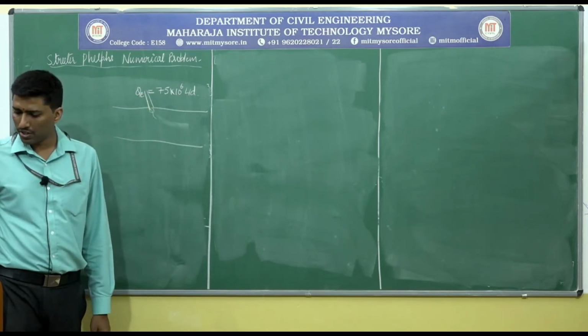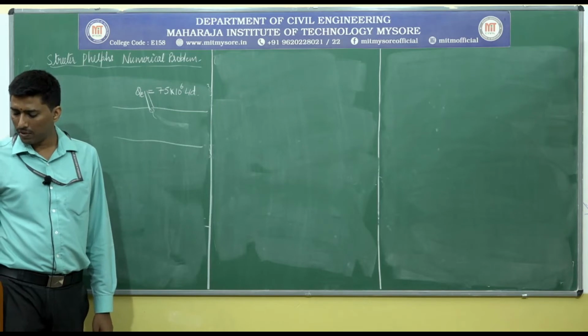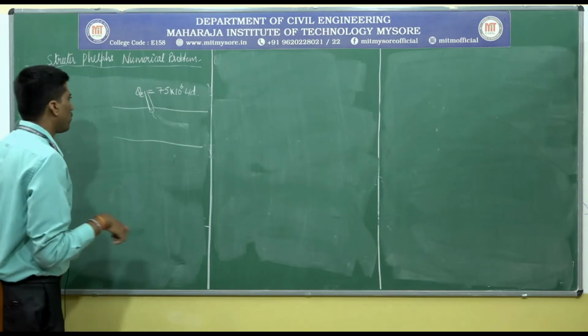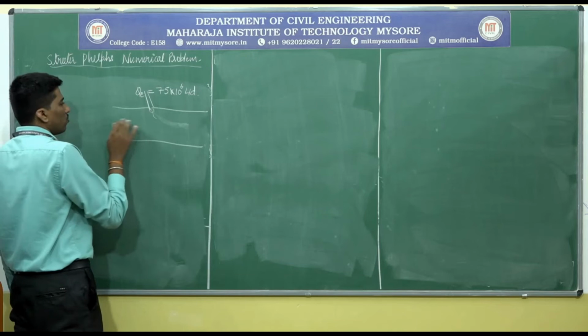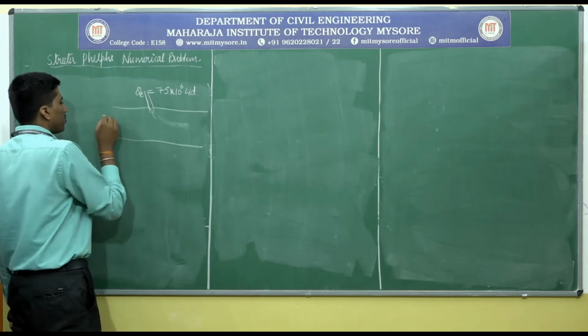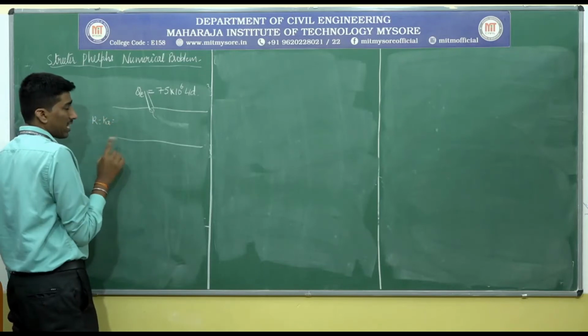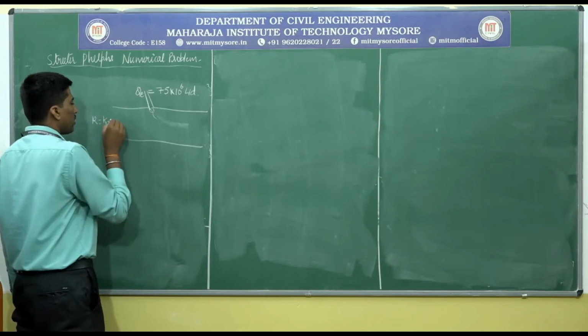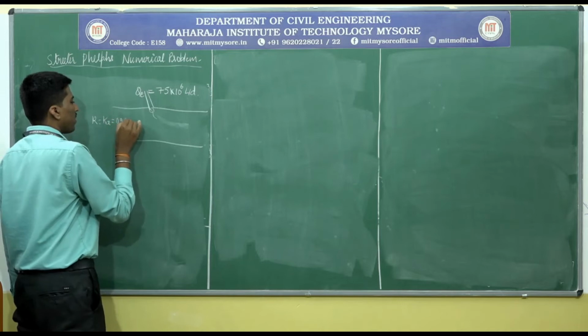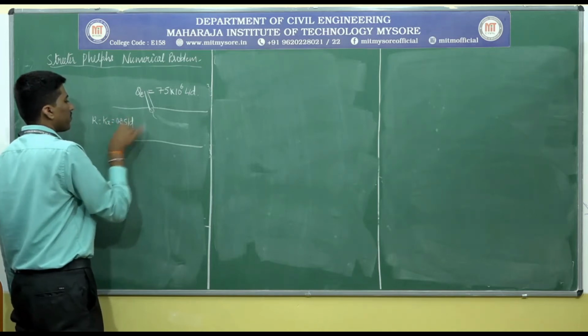Next, what is given for the river: R equal to 0.25 per day, where the river reaeration coefficient, Ka, or maybe K2 minus K1, is always 0.25 per day.